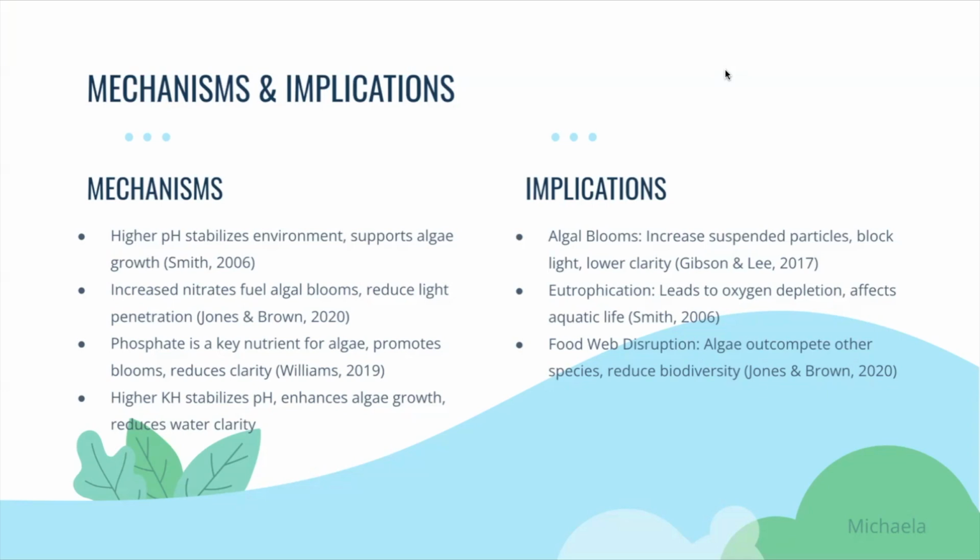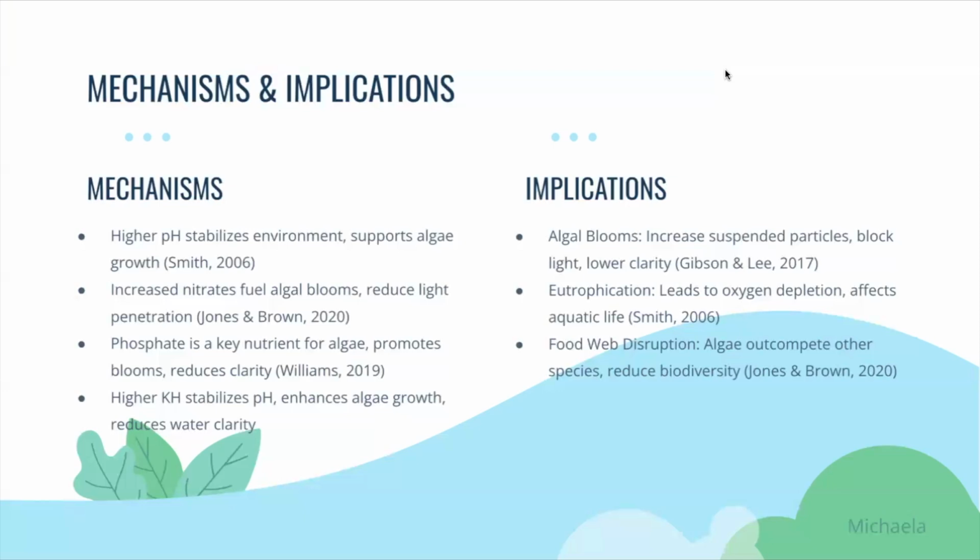And so pH, nitrate, phosphate, and KH, which is going to be our carbonate hardness, those all really increase and enhance algae growth. A couple of implications are going to be the algal blooms. Again, these just really block the sunlight and decrease the water clarity.